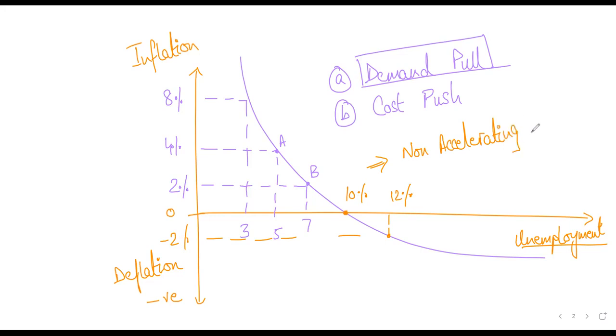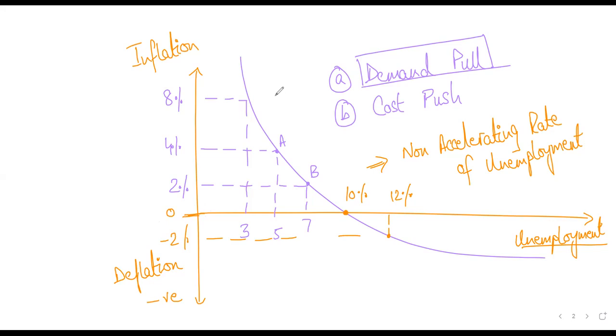Is this making sense? Because at this rate of unemployment, since the graph is cutting the x-axis, how much will your inflation be? Inflation rate will be 0%. It's neither inflation nor deflation. So that is the entire concept.